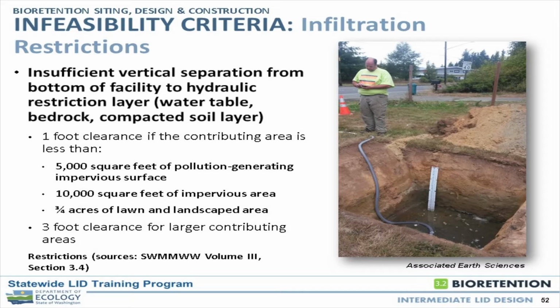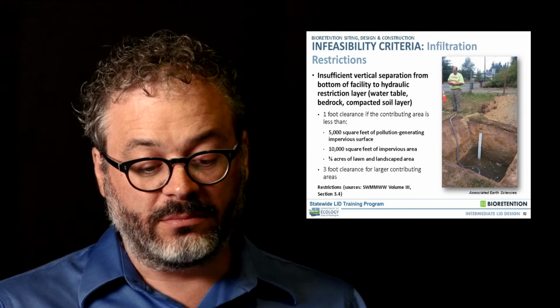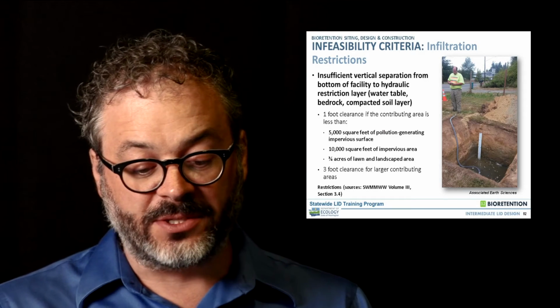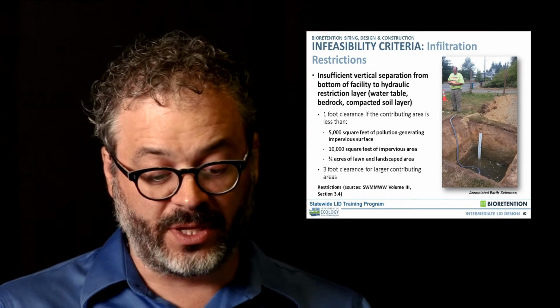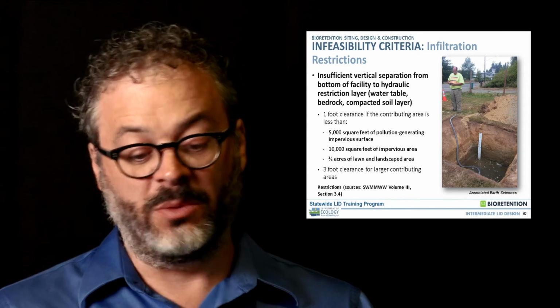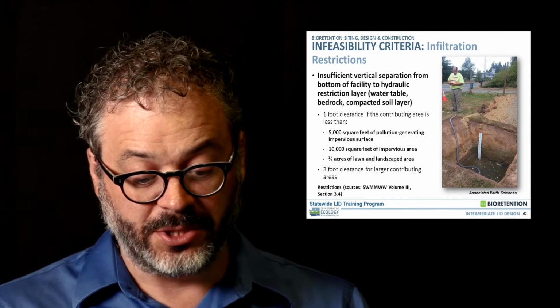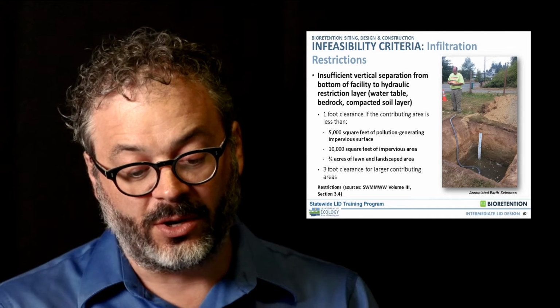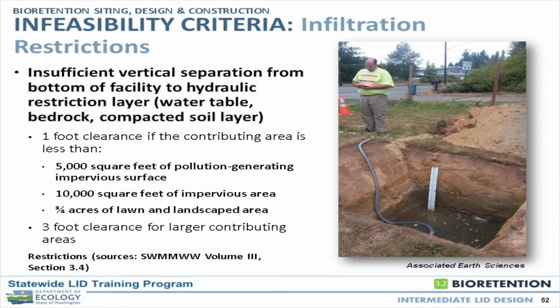The idea is that if you have a bioretention cell with less than 5,000 square feet of pollution-generating impervious, 10,000 of impervious, meaning roofs if it's not pollution generating, or pedestrian areas, or 3/4 of an acre of lawn or landscaped area, you can use only 1 foot of vertical separation from the bottom of the cell to the seasonal high groundwater level.